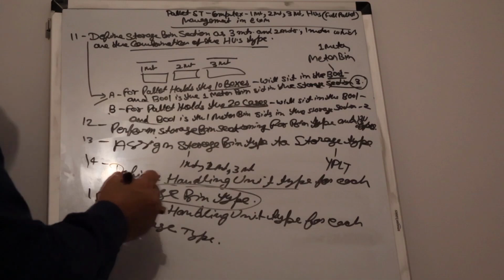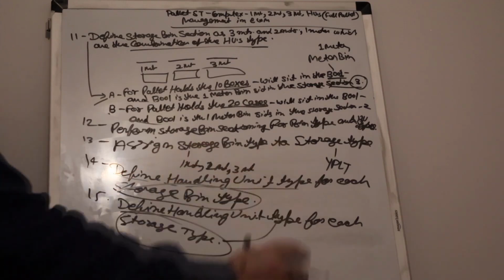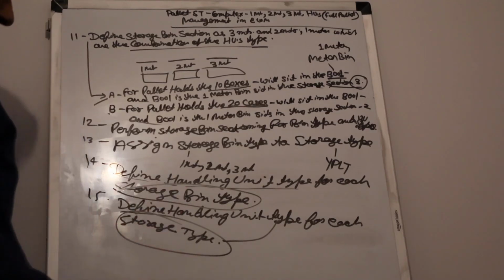So the bin type and HU type linkage is here, and the storage type and HU type linkage is here. Then we have more configuration. Next I will show you how we do the optimization and everything. Then we test in the system.